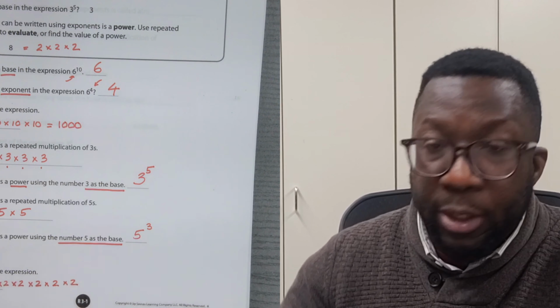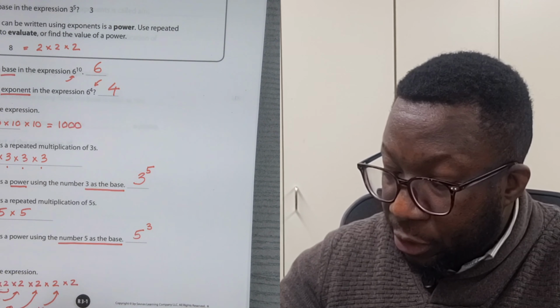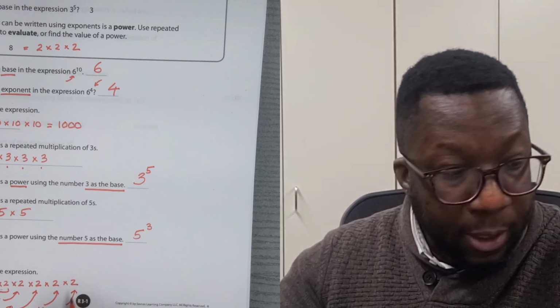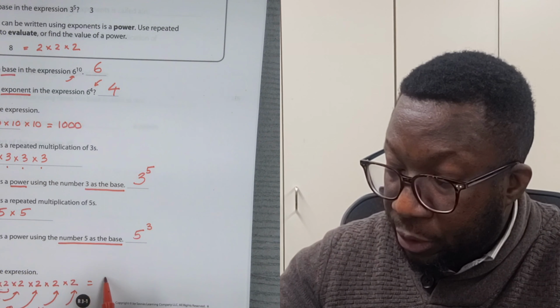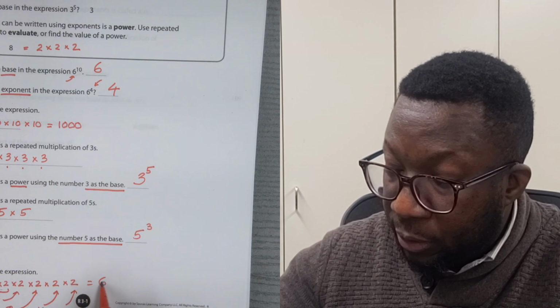Well, 2 times 2 is 4. 4 times 2 is 8. 8 times 2 is 16. 16 times 2 is 32. And then 32 times 2 is equal to 64. So 2 to the 6th power, when we evaluate or when we solve the expression, is equal to 64.